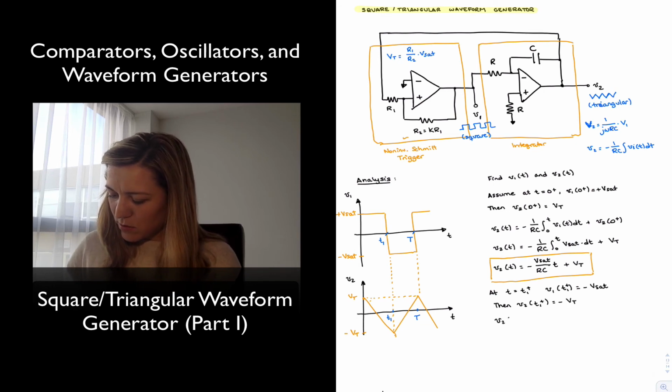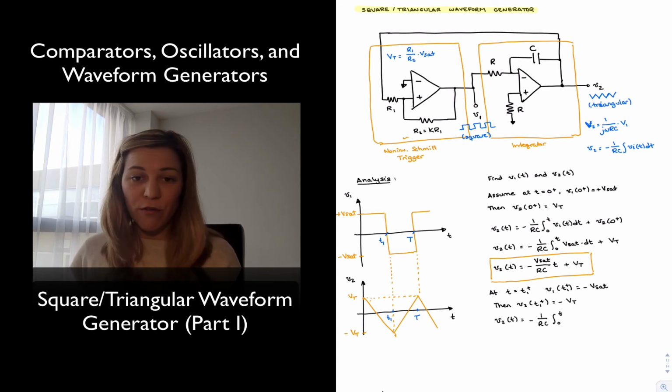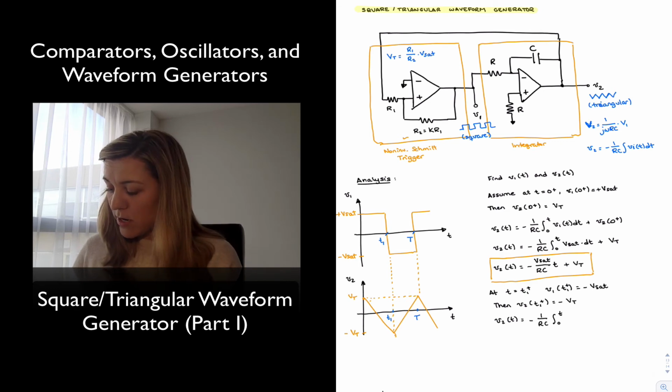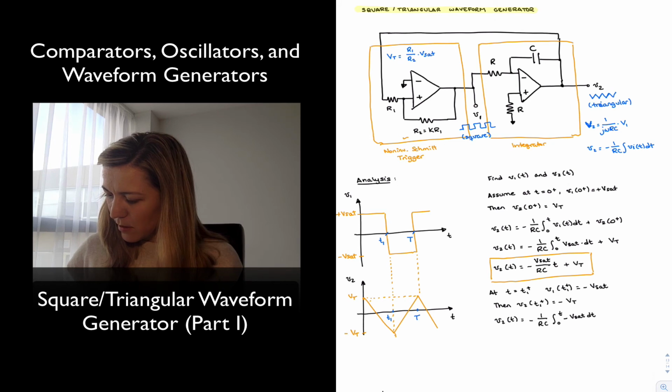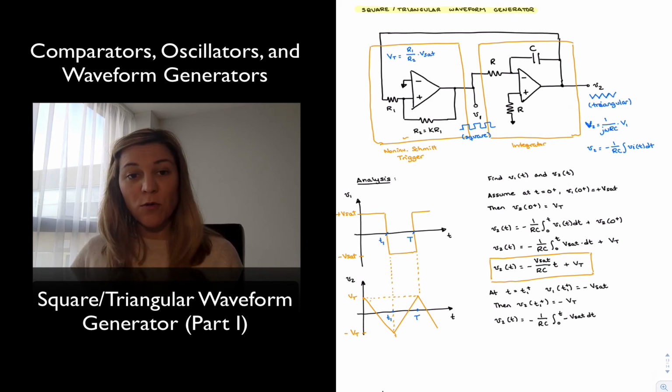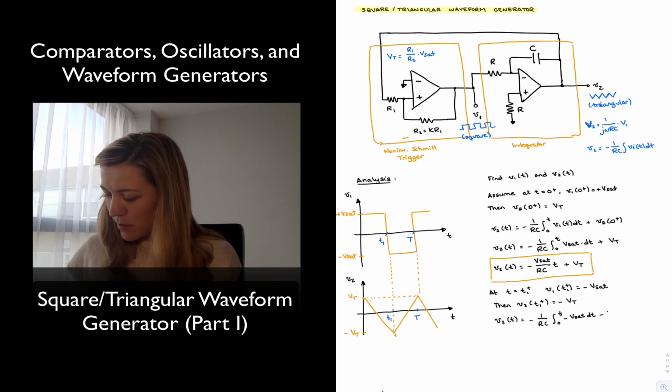So I can solve my integral again for V2 as a function of time, same thing: minus 1 over RC, integral of V1 of t dt, and V1 between t1 and the period T is going to be equal to negative Vsat, so negative Vsat times dt, and my initial condition V2 of t1 plus is now equal to negative Vt, so minus Vt.